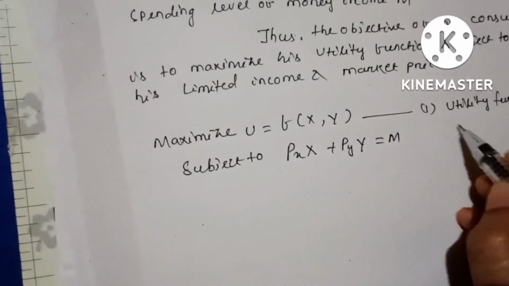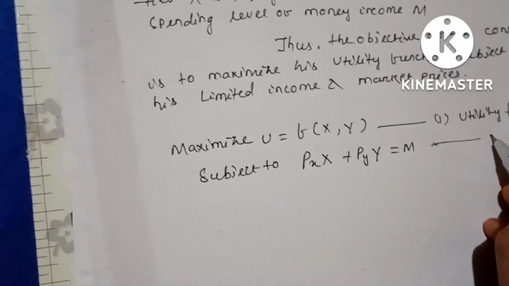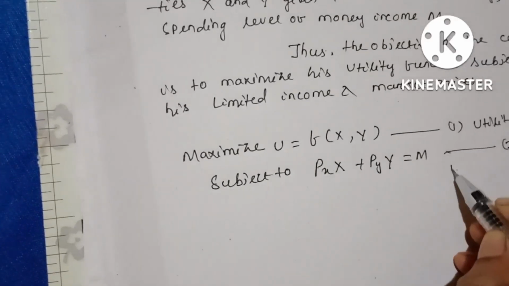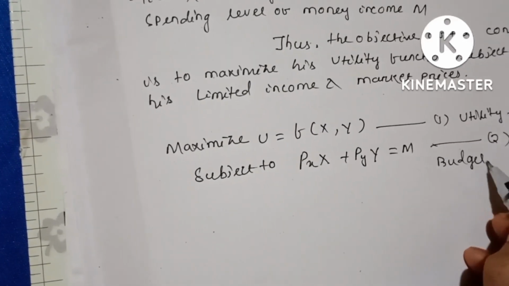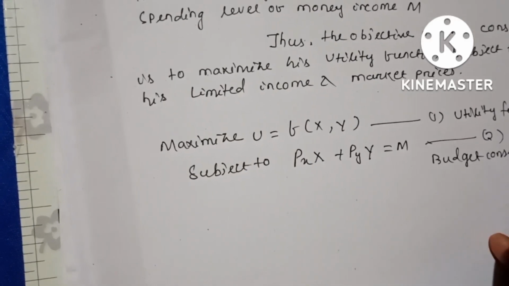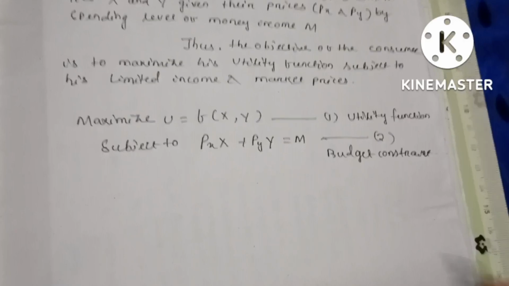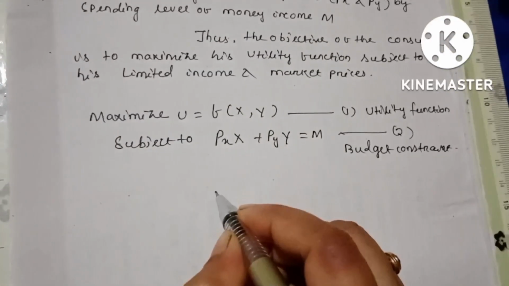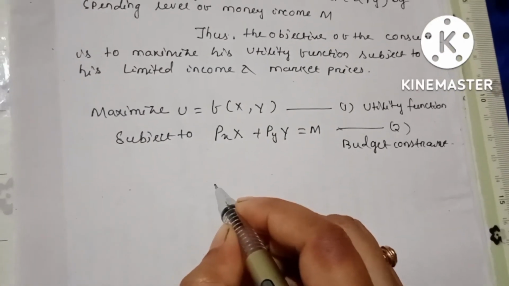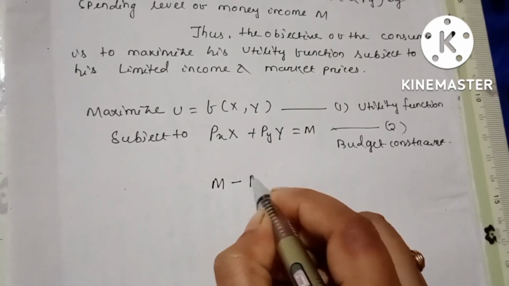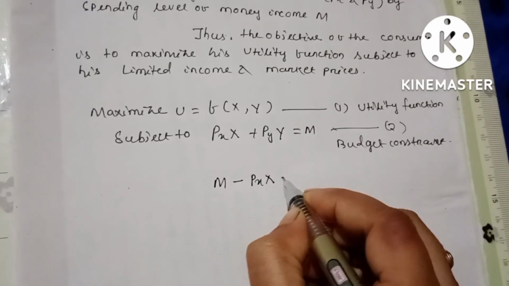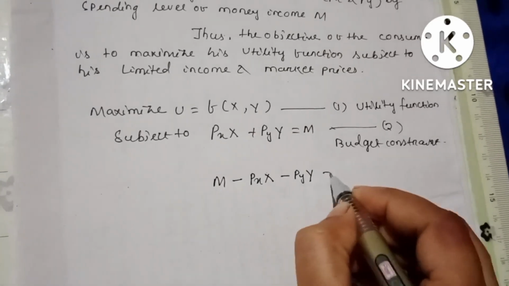This is your equation number 2, which is your budget constraint. Now this can be written as m minus pxx minus pyy equal to 0.